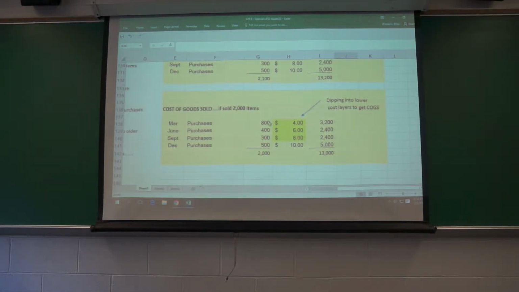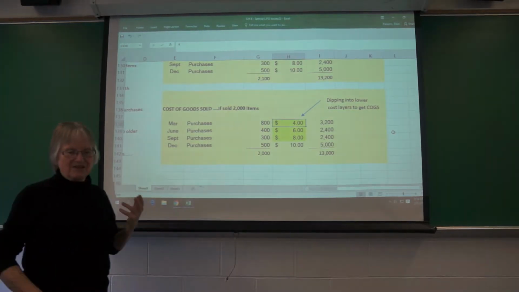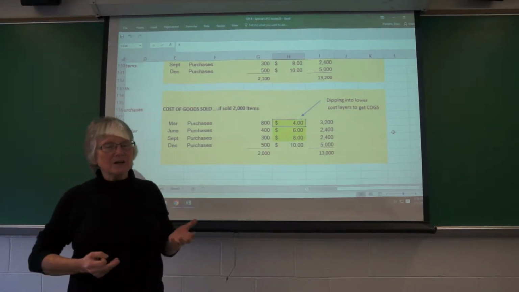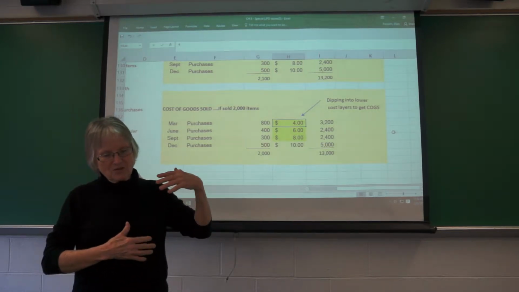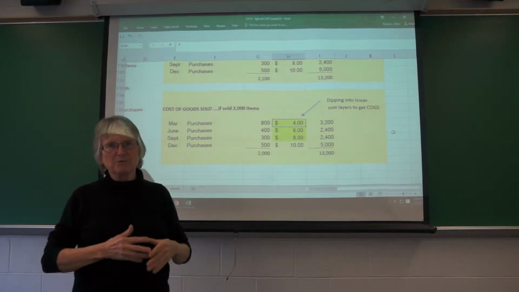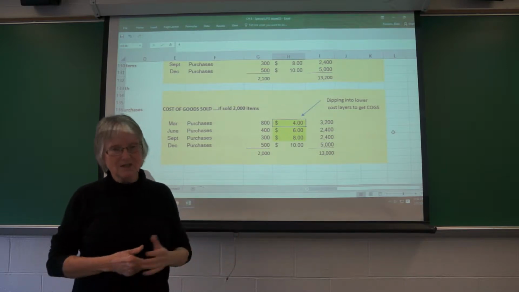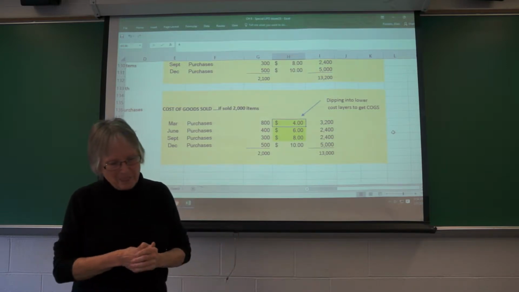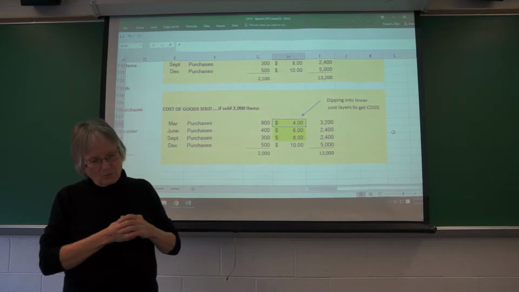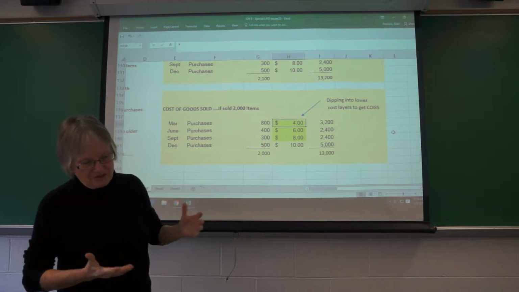To get 2,000 items, we'd have to do last in, first out. There'd be this 500, and then this 300, and this one. But we're getting back into the $4 a unit layers. And that's not good if you're using LIFO, because all of a sudden your cost of goods sold is going to be reduced, your tax liability is going to be increased, and that's not the point of using LIFO. So it's not the intended effect, as they say.